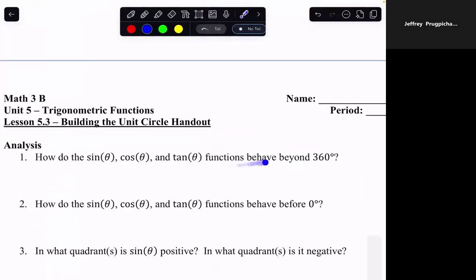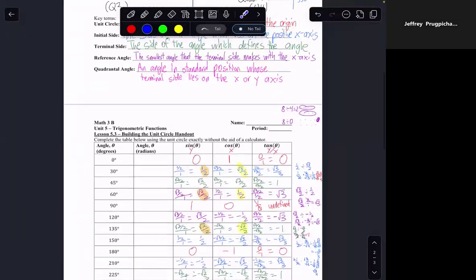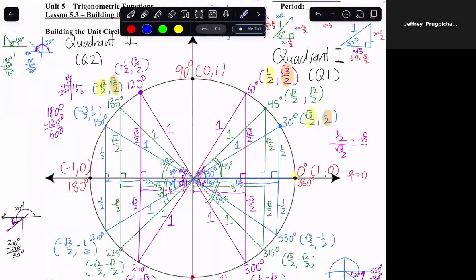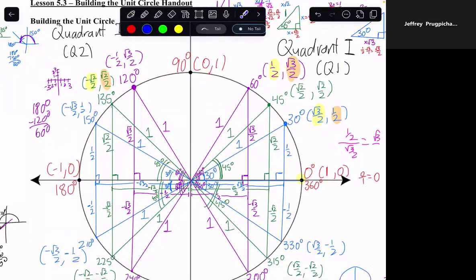Next, we stopped at 360 degrees, but angles can go beyond 360 degrees. So how would we handle those? Let's just think about it. Here is where we start. If you go 360 degrees, you're back to where you started.